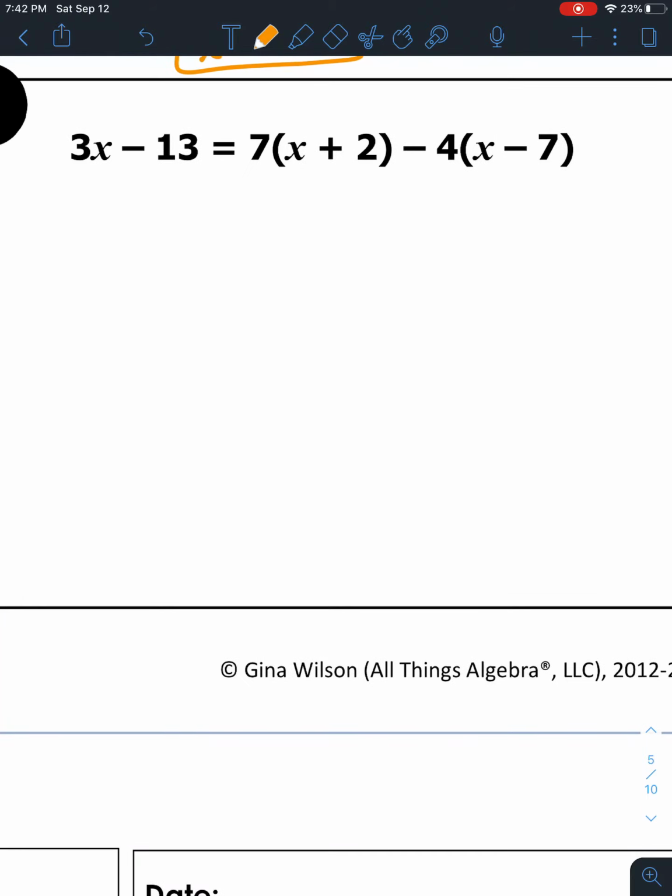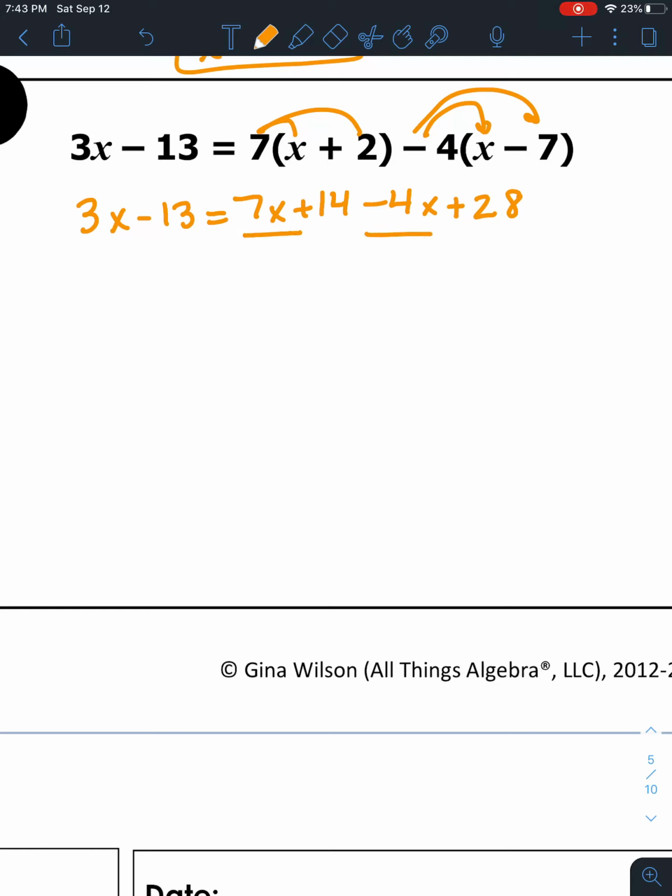All right, once again, leaving this left-hand side the same, so 3x minus 13 equals, distributing my 7, 7x plus 14. Okay, I'm going to take my negative 4 and distribute that. So that's negative 4x plus 28. Now we're going to combine like terms here.